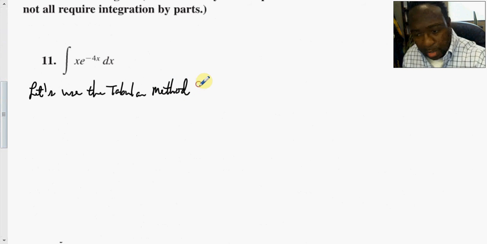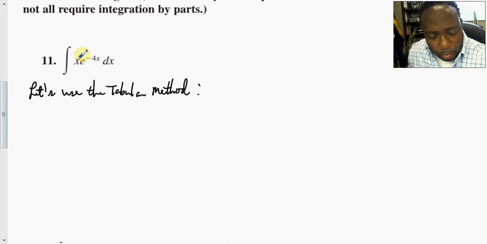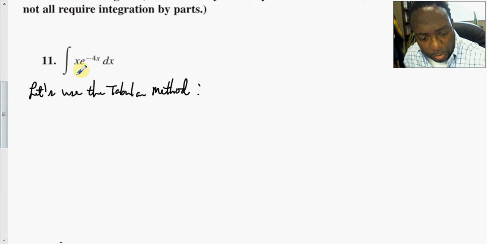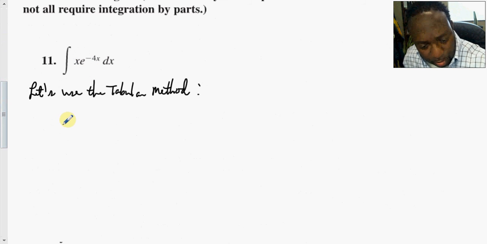Again, it's the shortcut, which says here we identify the term that we will take the derivative upon, which is x. x will go out with derivatives, with the repeated use of taking the derivative. So here we deal with the x term, and then over here we look at the other part, the dv.